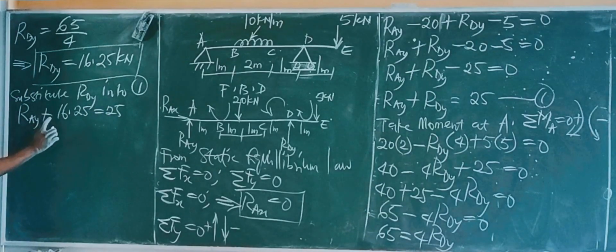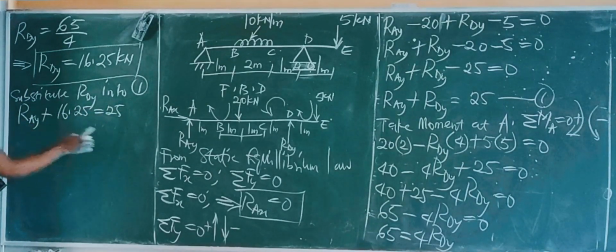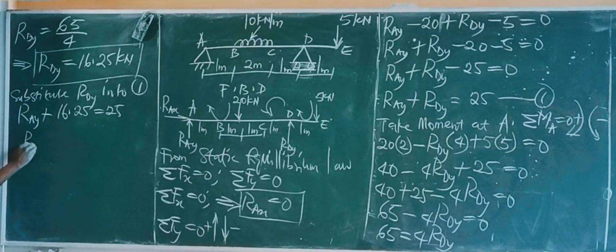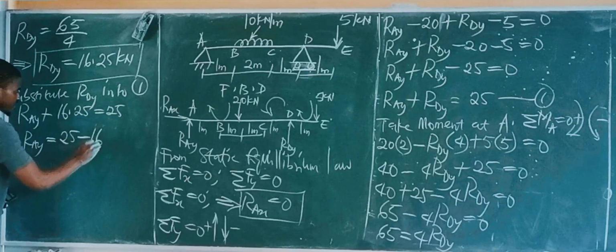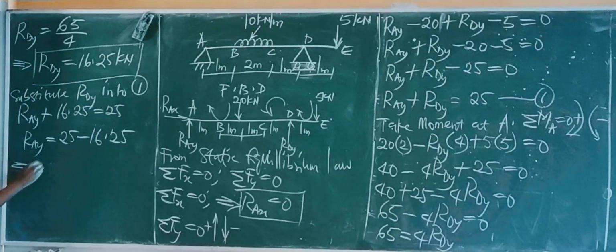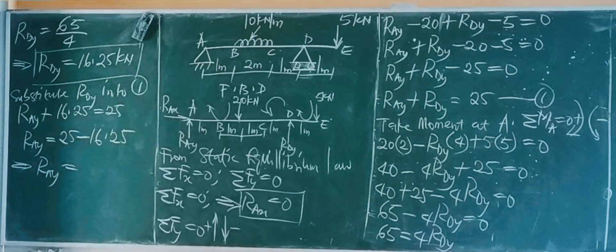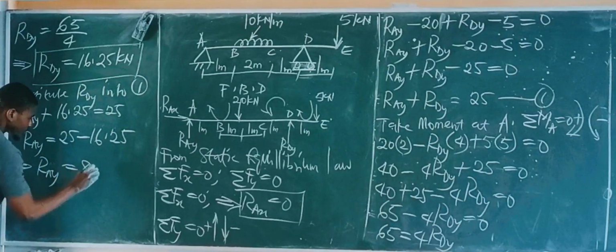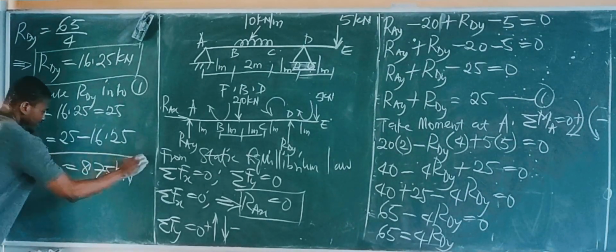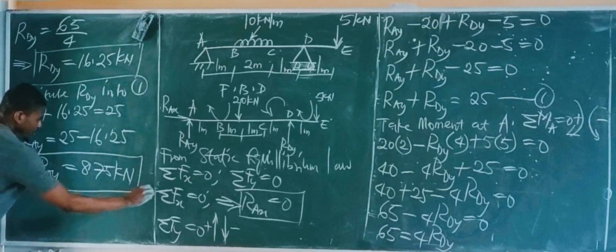So we send plus 16.25 over to this side; the positive sign becomes negative. So we have that RAY is equal to 25 minus 16.25, so RAY is equal to 8.75 kilonewtons. So this becomes the reaction at point A.